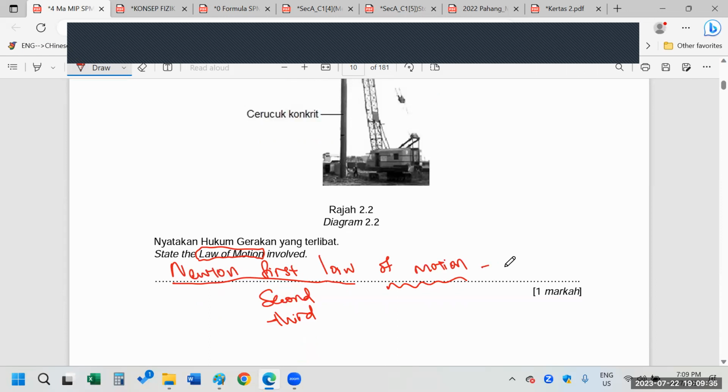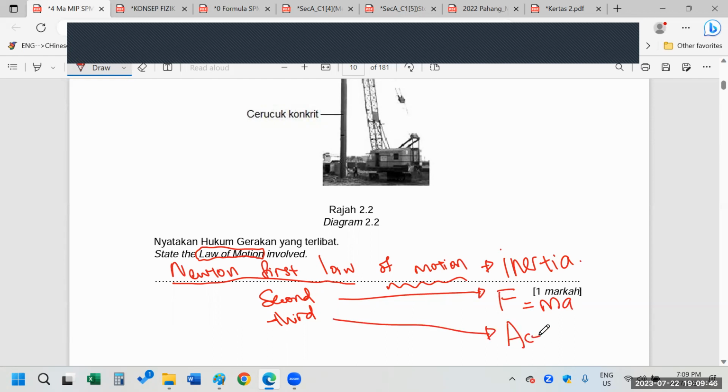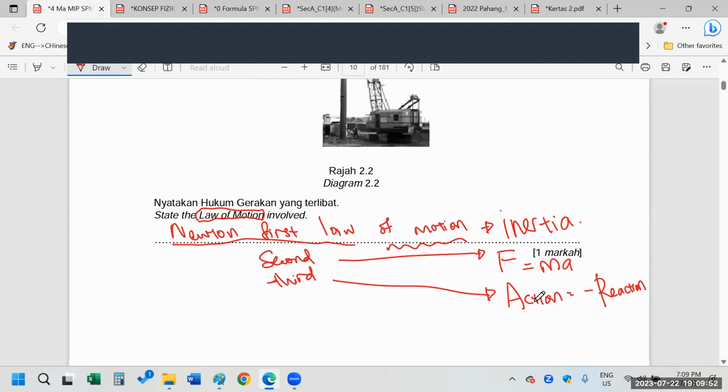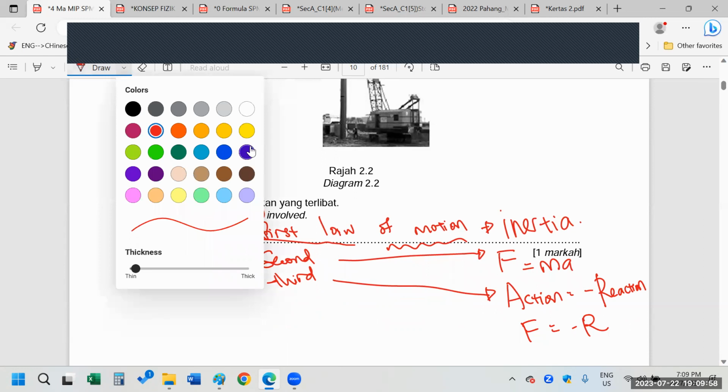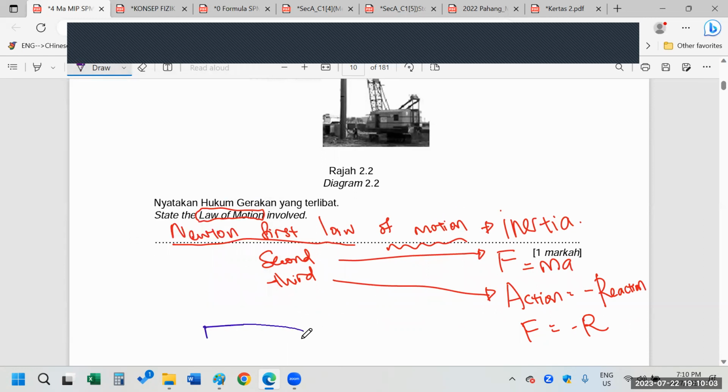First law is inertia. Second law is actually F equals ma. Third law is when there is action, there will be an opposite reaction. F equals negative R, which we have just learned in Form 5, Chapter 1, for example.